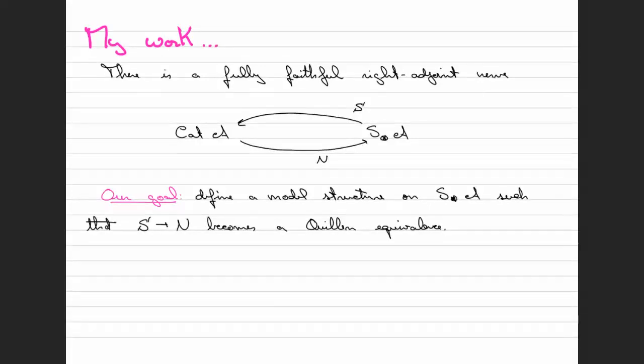Now there is a left adjoint to the nerve, a sort of strictification, and on this side we have a model structure that was put on it by Moser in 2015, if I'm not mistaken.